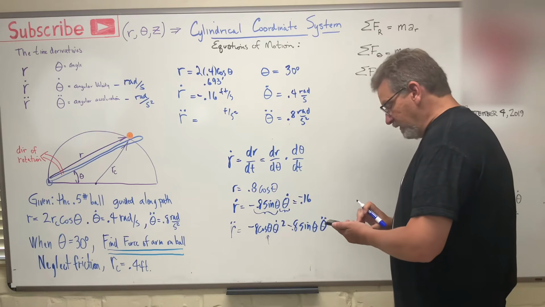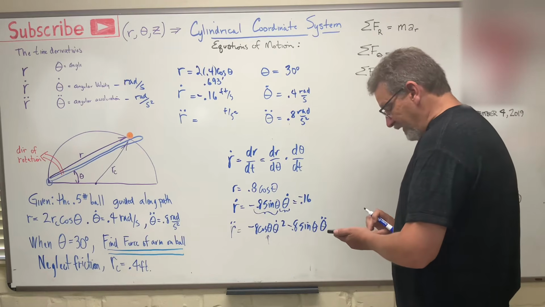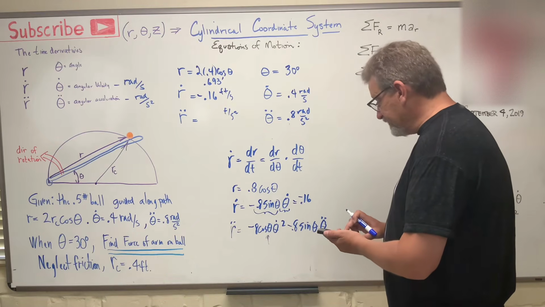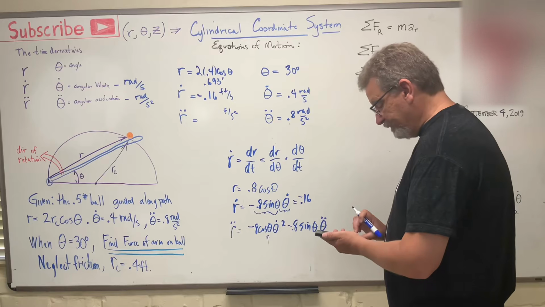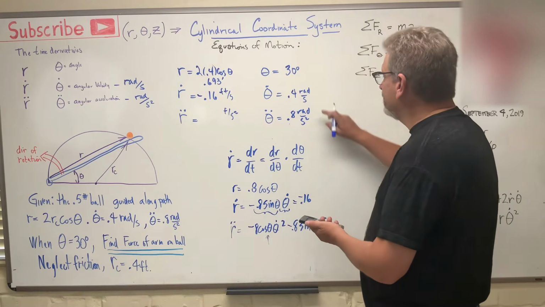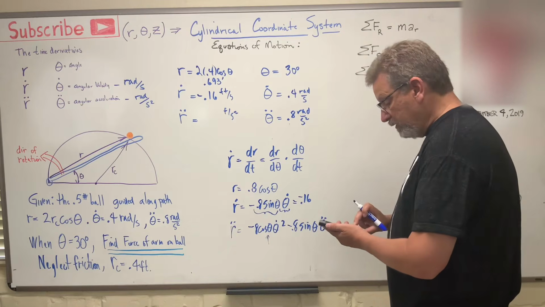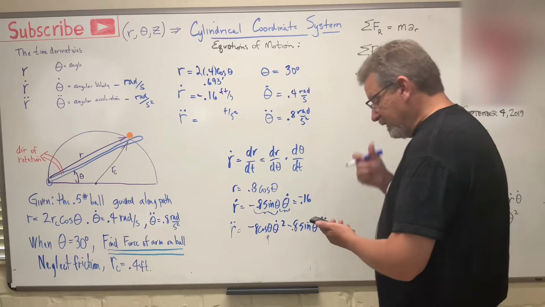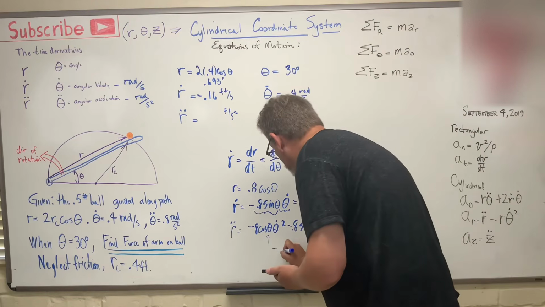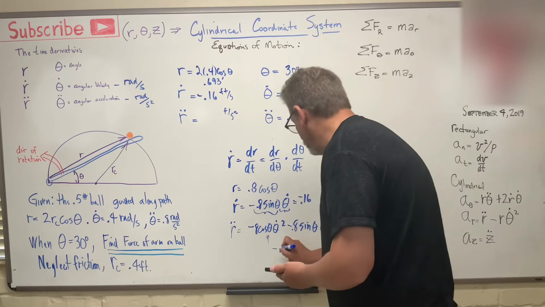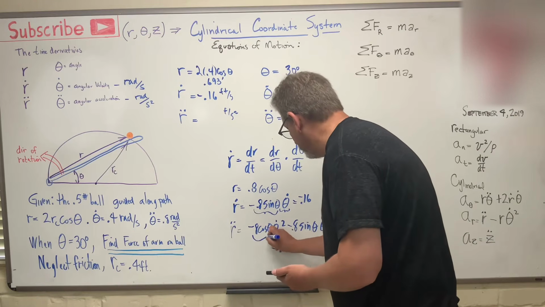So 0.8 times the cosine of 30 times theta dot, 0.4 squared, equals negative 0.111. Just this bit right here.